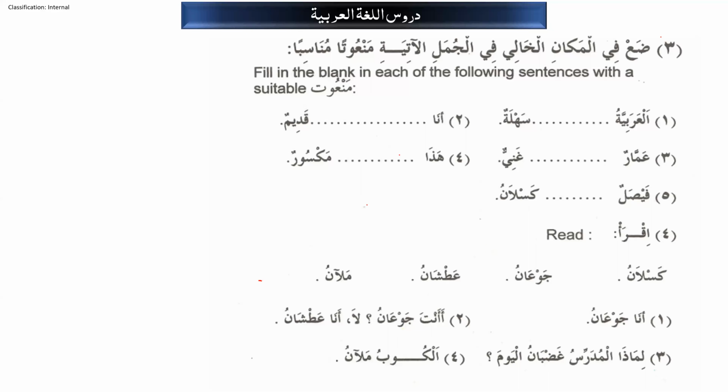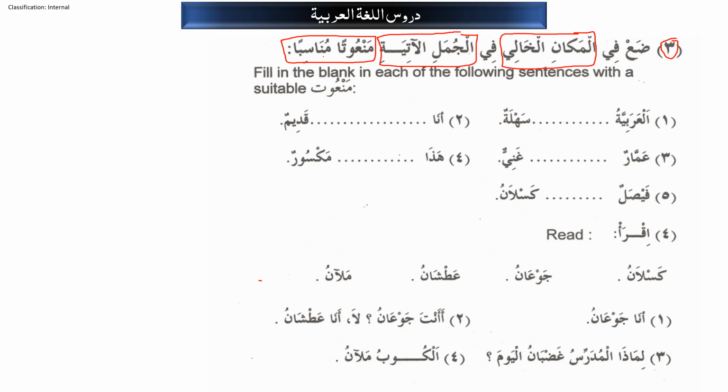Walaikum salam. Okay. In this question, the al-makanil khali is also a murakkabun tawsifiyun. Al-jumalil atiyati is also murakkabun tawsifiyun. Man'utan munasiban is also a murakkabun tawsifiyun. So see, in this sentence we have three murakkab tawsifi. You have to pick the murakkabun tawsifiyun, murakkabun jariyun, murakkabun idafiyun. It is very easy.